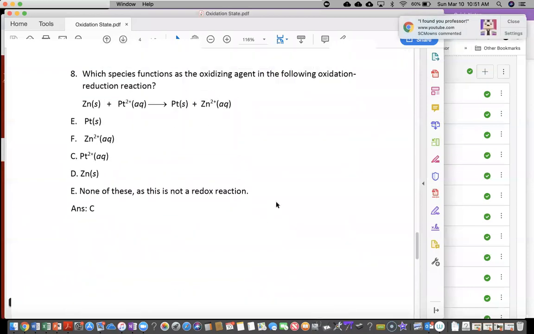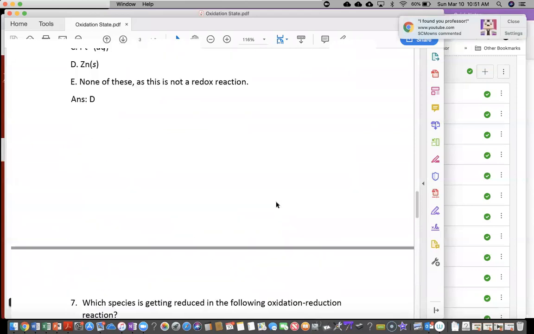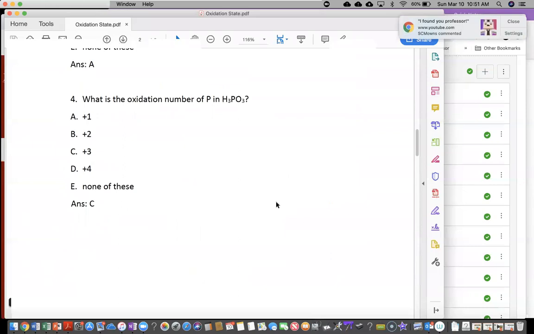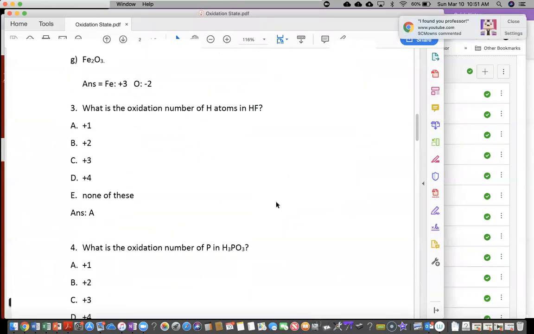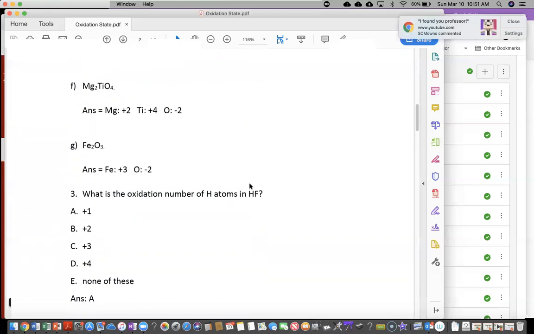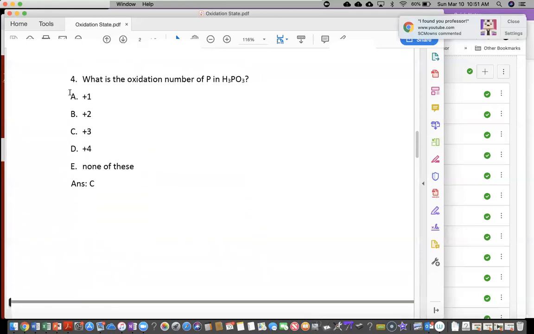So yeah, you guys were asking me about the oxidation state. Do you guys have a particular question? Let's look at this one: the oxidation number of P in H3PO4.